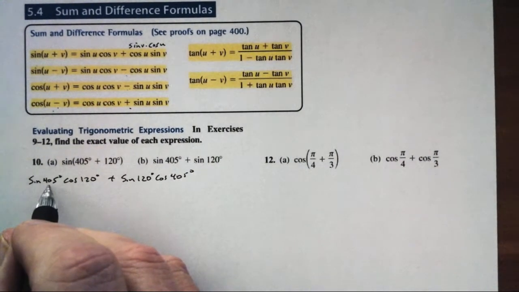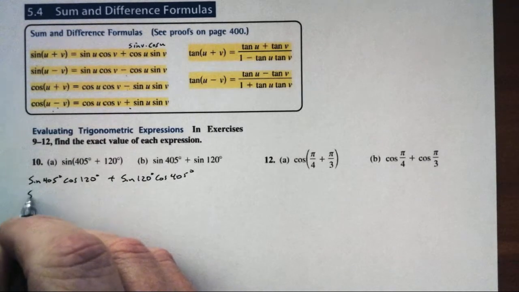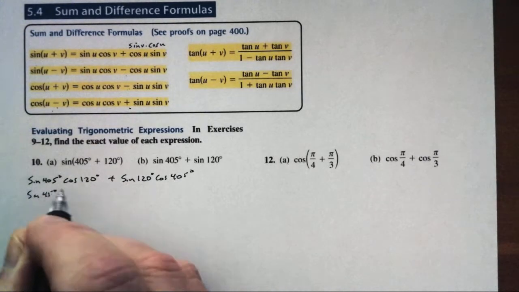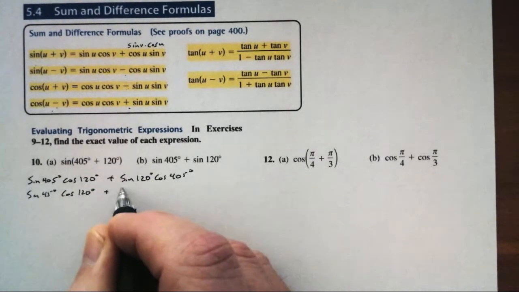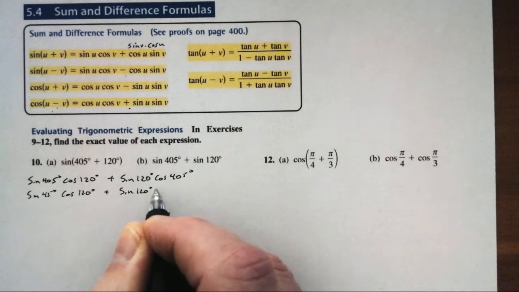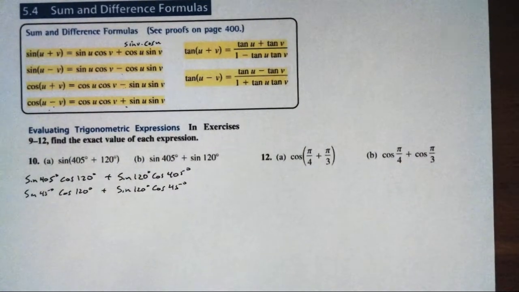Well, this is 45 degrees beyond a full revolution, so this is really just sine of 45 degrees, cosine of 120, plus sine of 120, cosine of 45 degrees. It's just beyond a revolution.